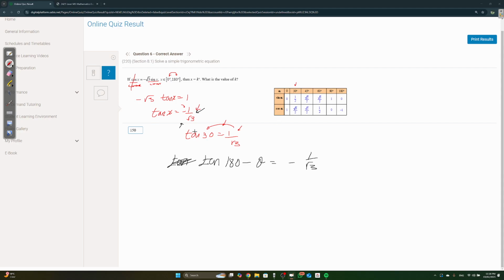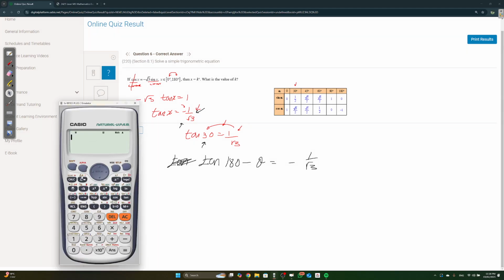So if you want to change your tan to negative, you can just do 180 minus the angle. But you're going to have a calculator for all this. So when you get this, you can just do shift tan negative 1 over root 3, and it gives you a negative. When you get this, always know for tan, you always add 180. So if you want to use the calculator method, you just add 180 degrees.